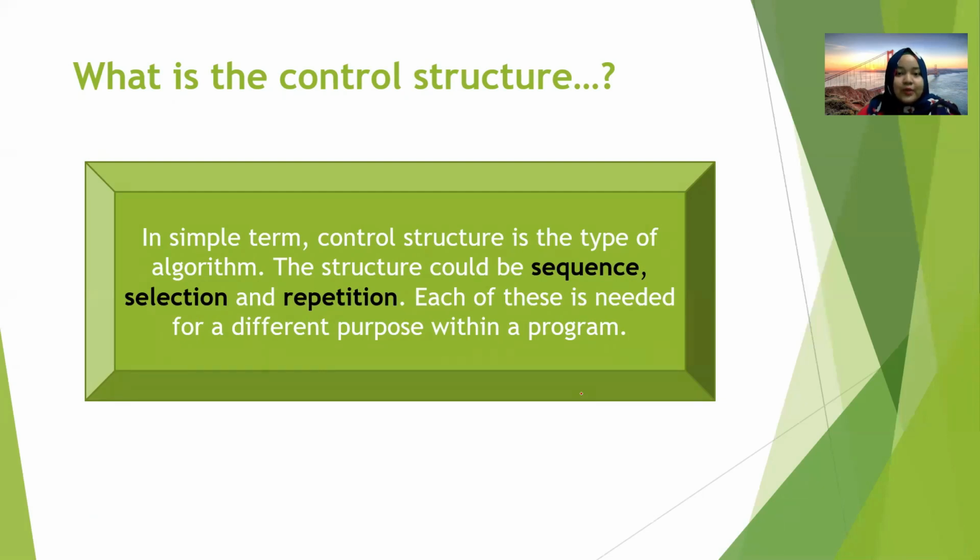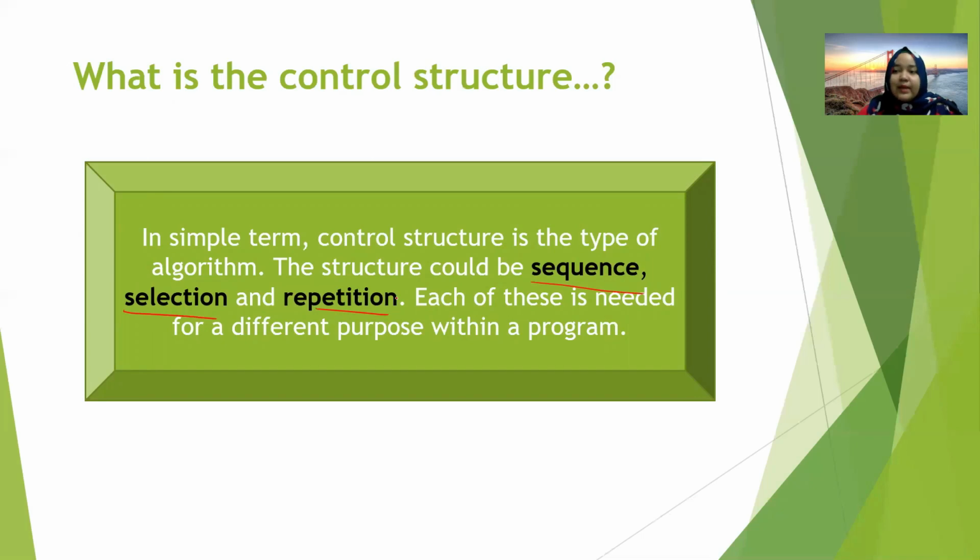Okay, the structure could be sequence. Remember, ini sangat penting. Dia ada 3: sequence, selection and repetition. 3 ni je awak akan belajar mengenai control structure. Each of these is needed for a different purpose within a program. So nanti awak akan belajar dulu pasal sequence, lepas sequence pasal selection, yang best ni pasal repetition.